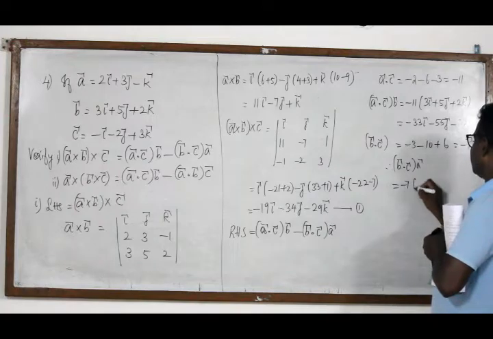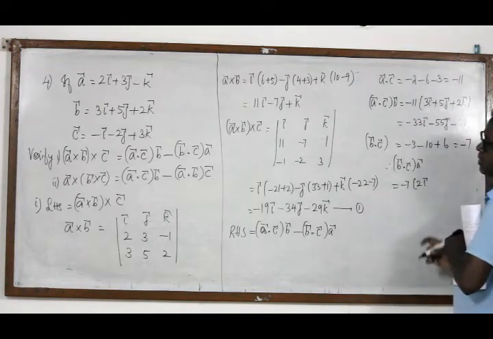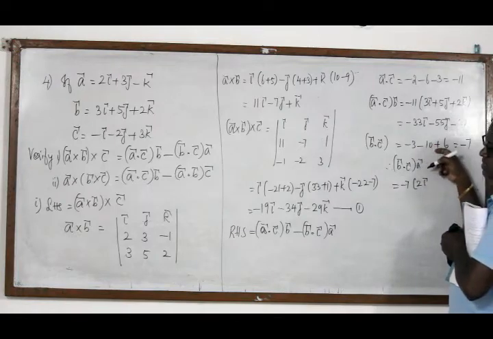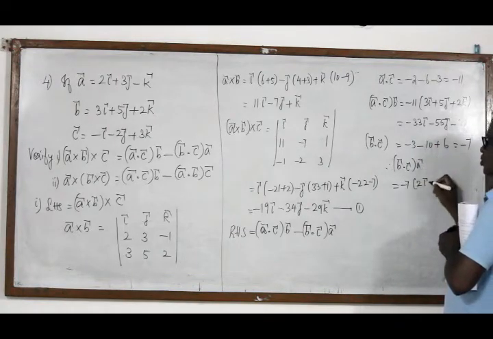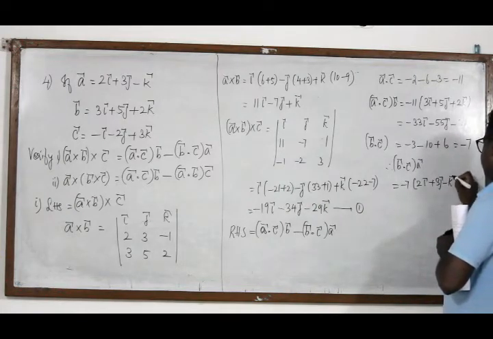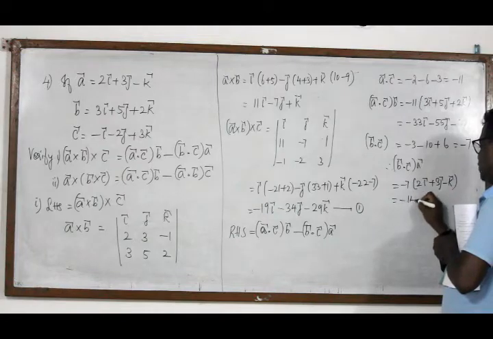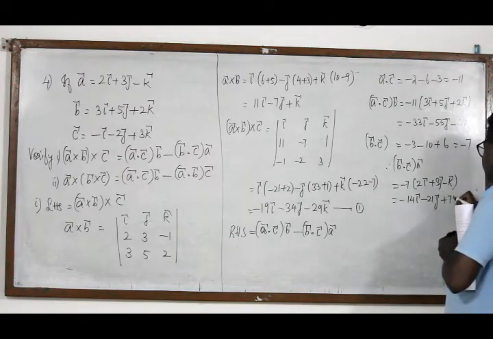That is minus 7 into A vector, 2i plus 3j minus k. It is minus 14i minus 21j plus 7k.